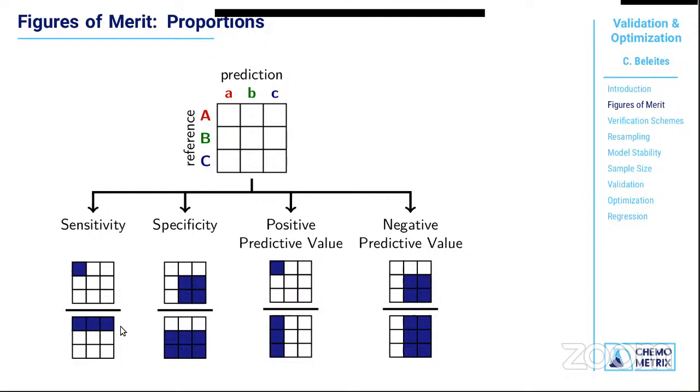In contrast to that, there is also the specificity, which does the opposite. It looks at which cases that actually do not belong to class A, those down here, were also found to not belong to class A.